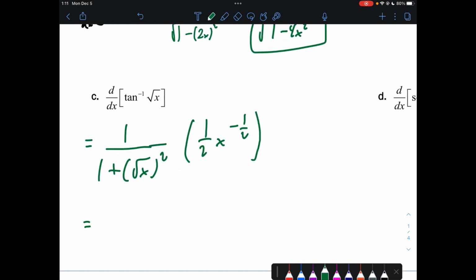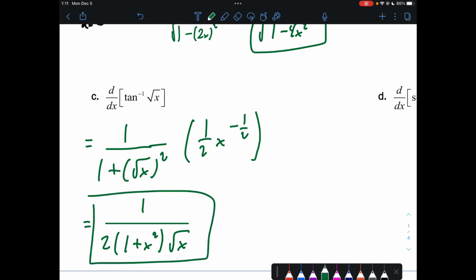All right, and cleaning that up, we should get 1 over 2 times 1 plus x times root x, or x to the 1/2 if you prefer. I'm sorry, this is not squared. Root x squared is not x squared. Root x squared is x.